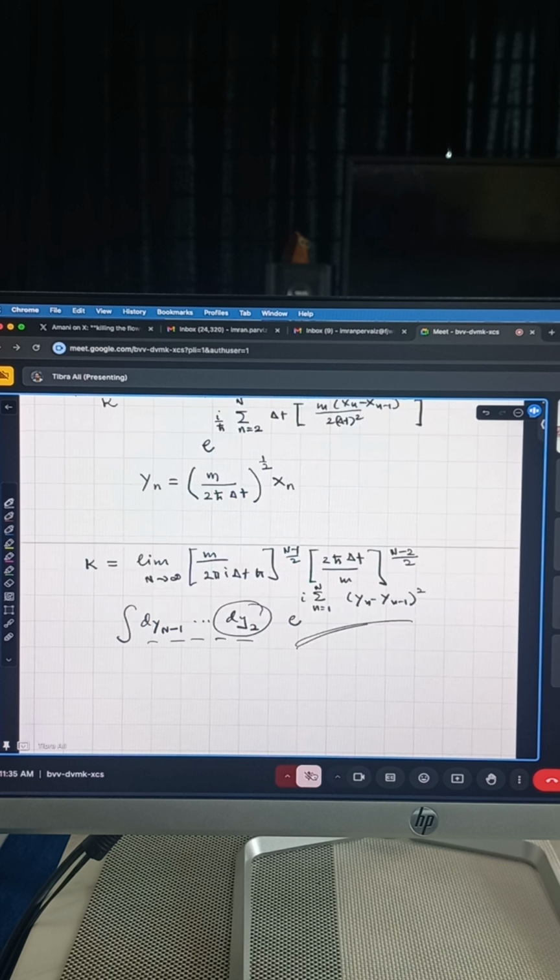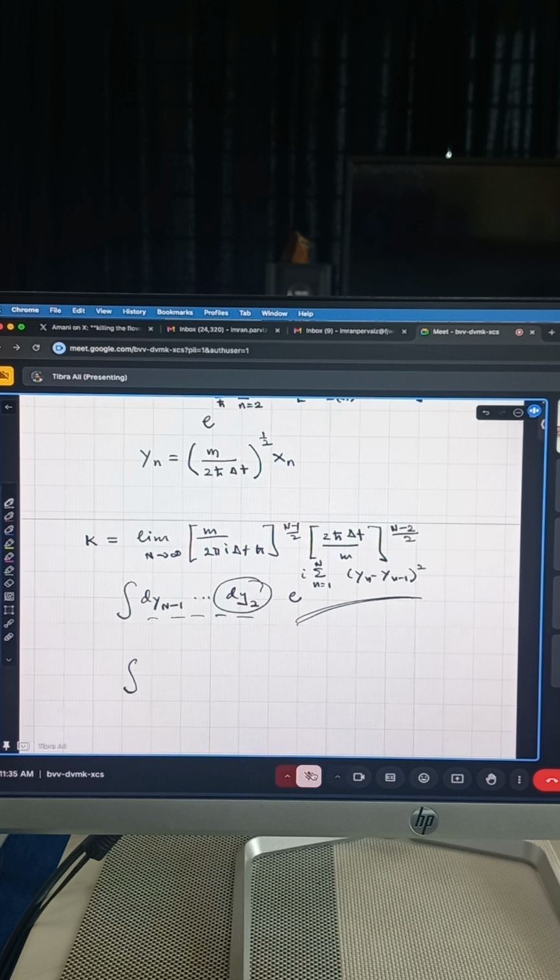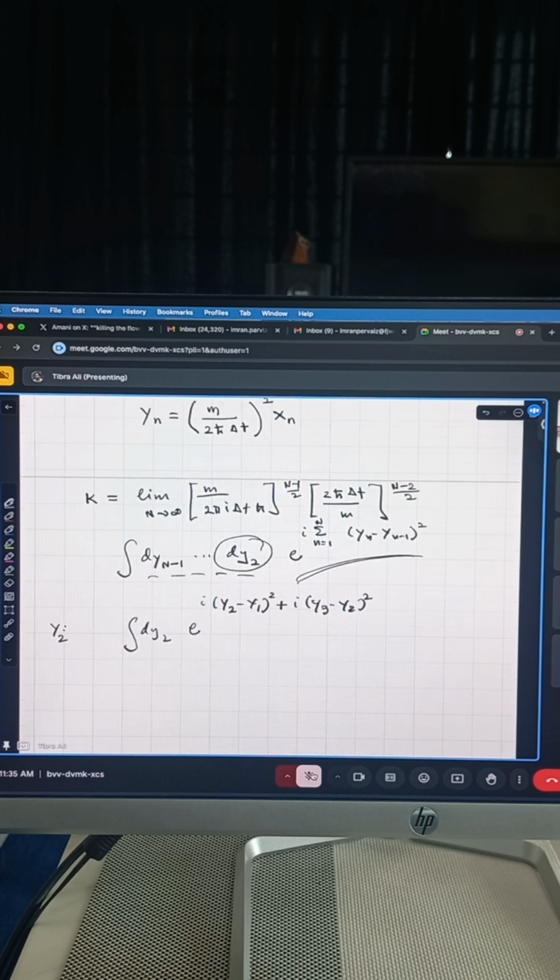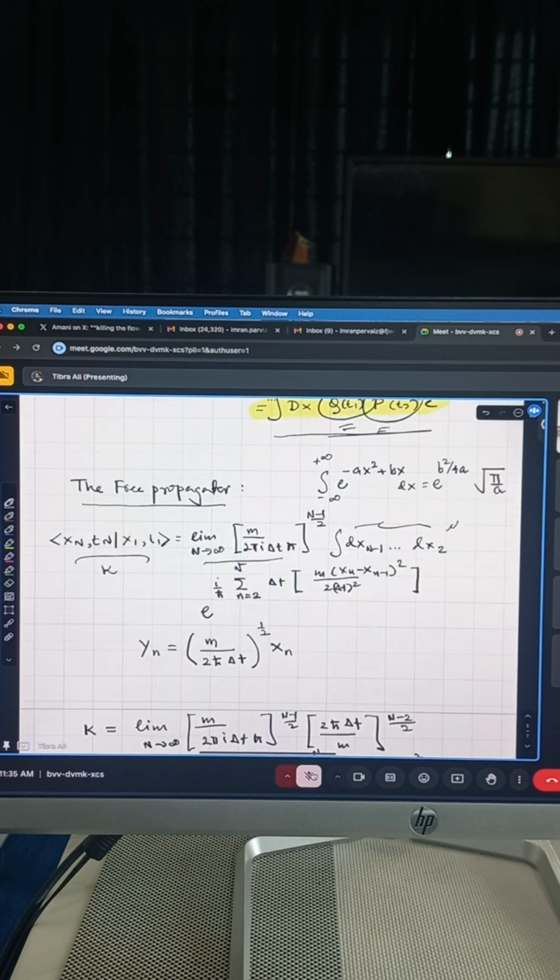So for the y2 integral, we are going to have two factors, I y2 minus y1 squared, and I y3 minus y2 squared. For the sake of time, I'm not going to do this. You have to expand and do the Gaussian integral, using this formula again and again.